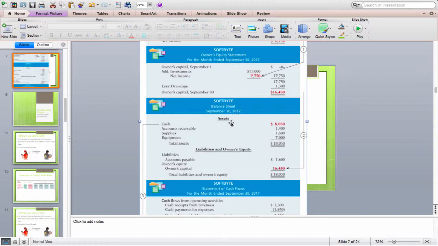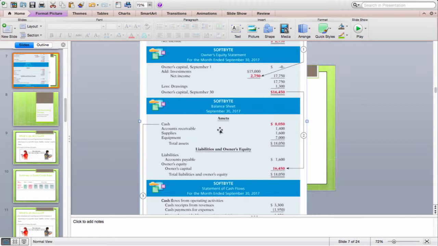Now, the other 2 statements that we just talked about reported activity for a period for the month of September. And this could be a month of September, a particular month in the calendar year, or it could be a quarter statement. But just remember that the balance sheet is based on a specific date.